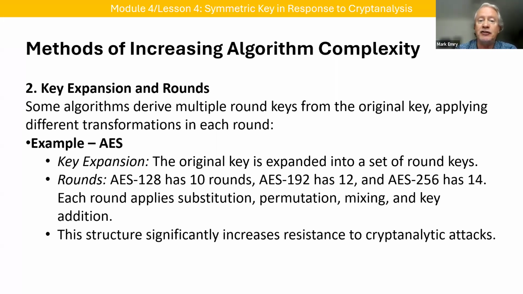Each round involves a series of operations, substitution, permutation, mixing, and adding keys, making it increasingly difficult to reverse the process without the correct key. More specifically, with round key generation, the key is expanded into a larger set of keys, each used in different rounds. Each round modifies the data through substitution, mixing, and adding round keys, all of which increase the algorithm's resistance to attacks.